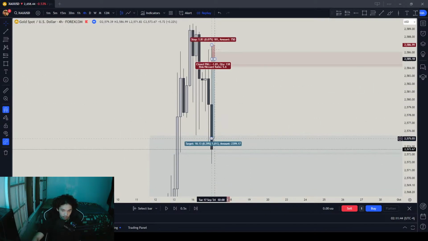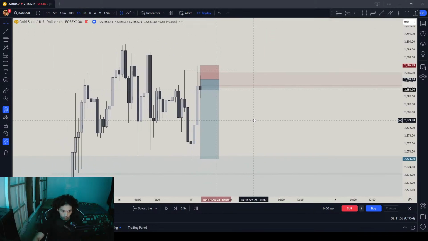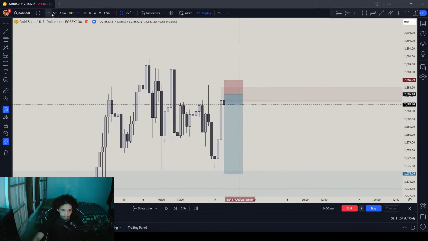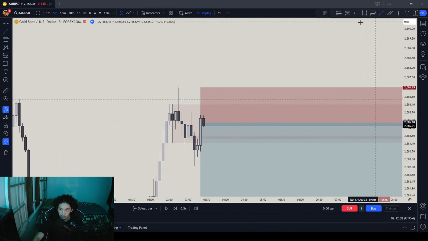Boom, pushing back down. So I'm looking to short all the way down here now. Let's see what this gives us.